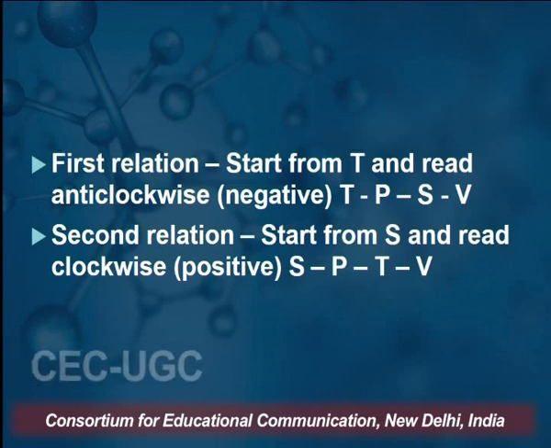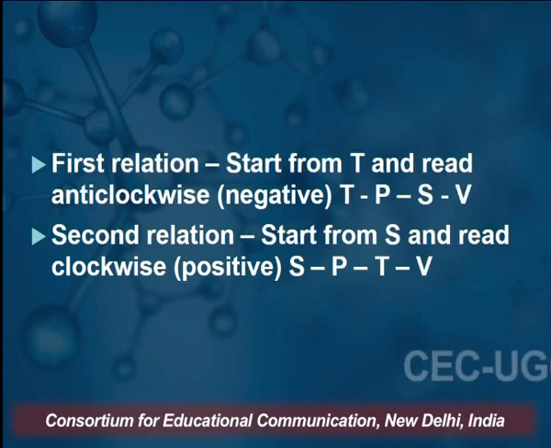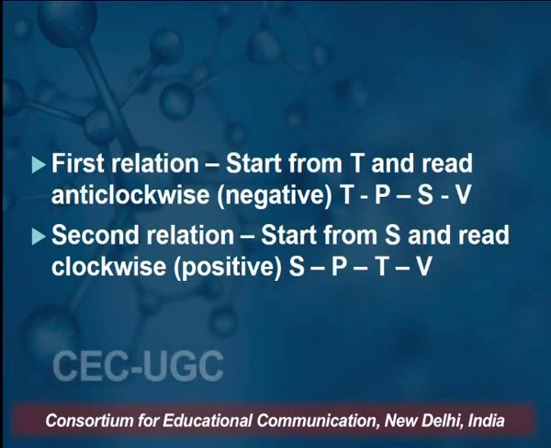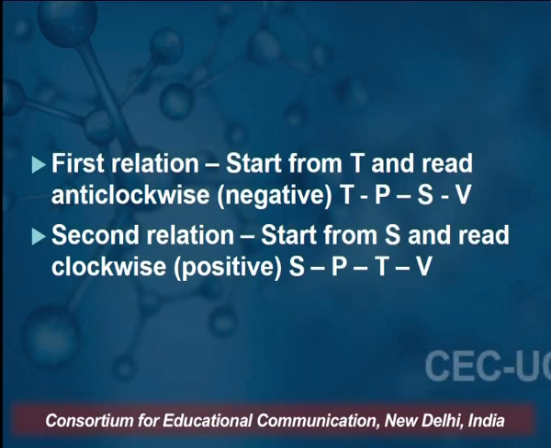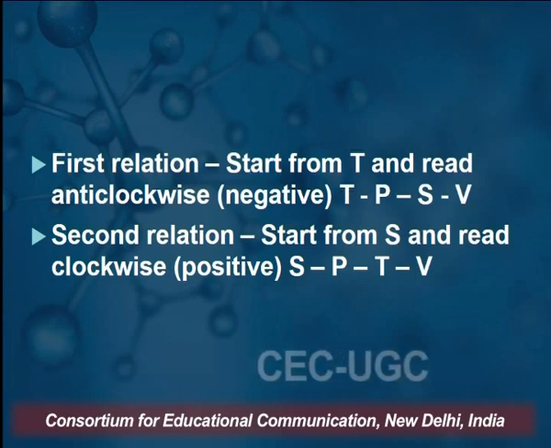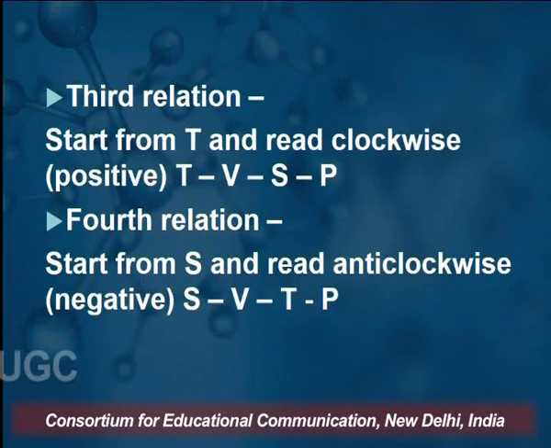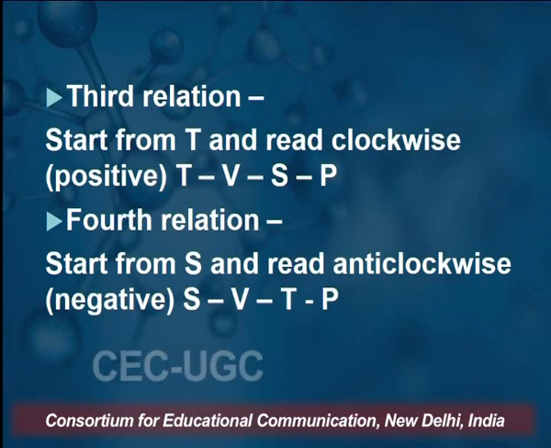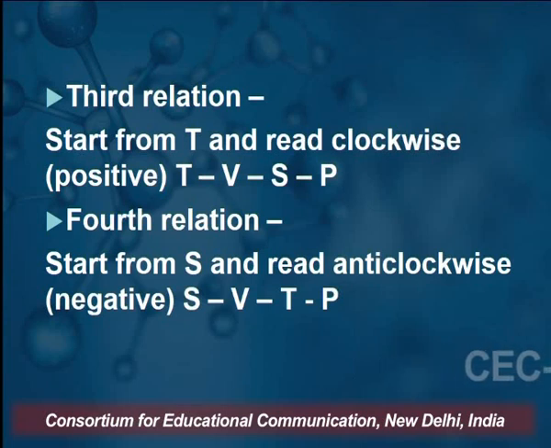To derive the second relation, we start from S and read clockwise. That is, if we are reading clockwise, then the relation has to be positive. So SPTV. This means delta S by delta V is equal to delta P by delta T. To derive the third relation, we start from T and read clockwise, and therefore the third relation is also positive.